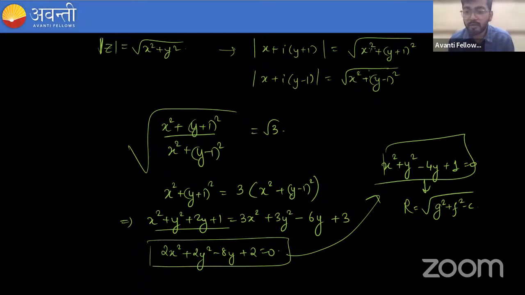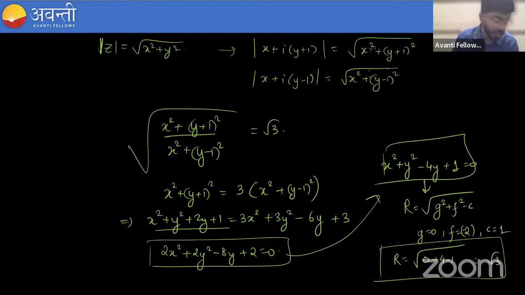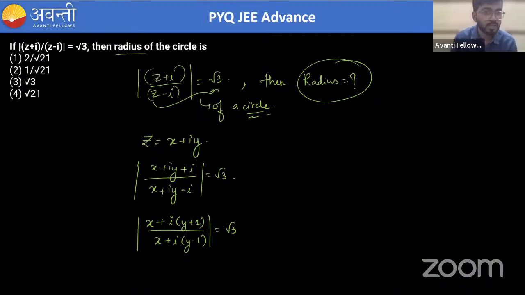Now here g value is 0, f value is minus 2, and c value is 1. So g square plus f square minus c, the radius will be equal to under root 0 plus 4 minus 1, equal to root 3. So the radius of this circle is equal to root 3, guys.